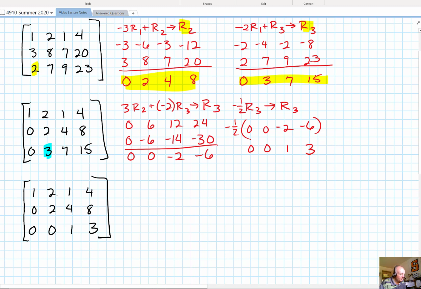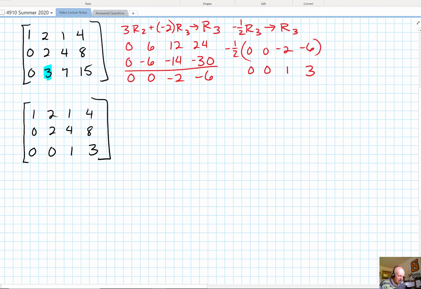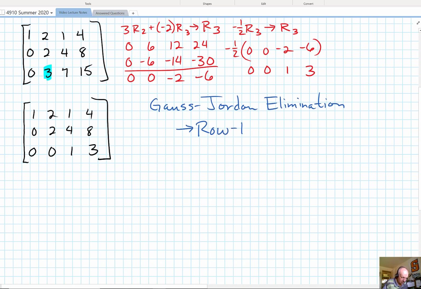Now we're going to use a process called Gauss-Jordan elimination. It starts with Gaussian elimination to get echelon form, and it puts our matrix in what's called row reduced echelon form.